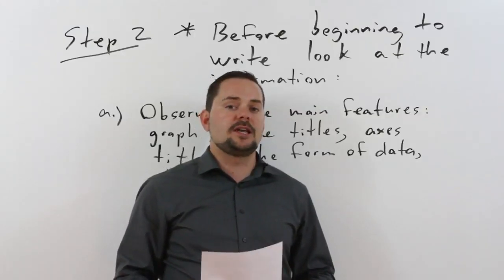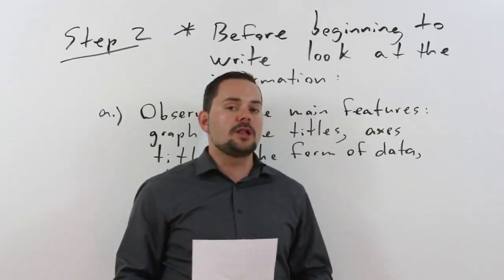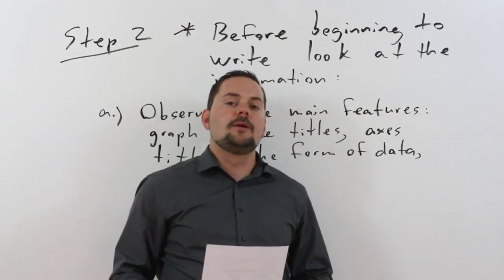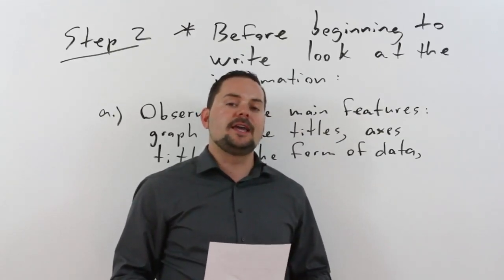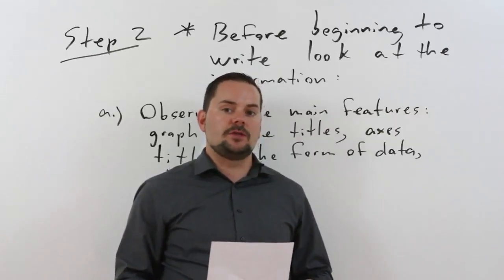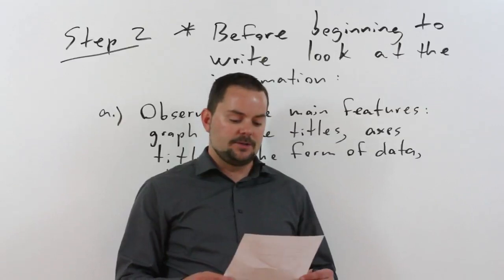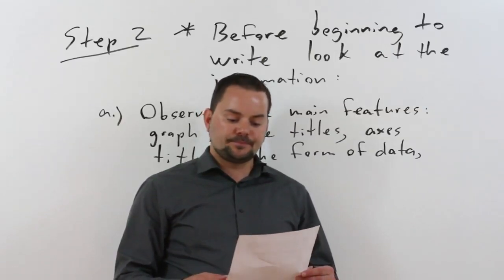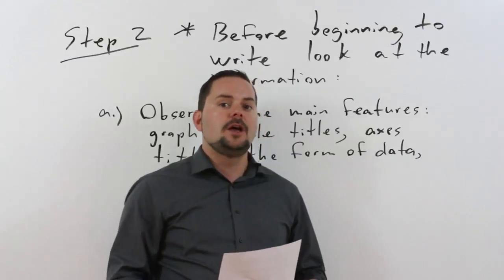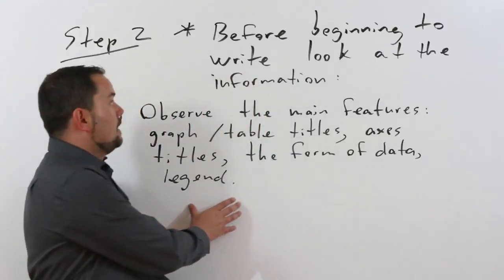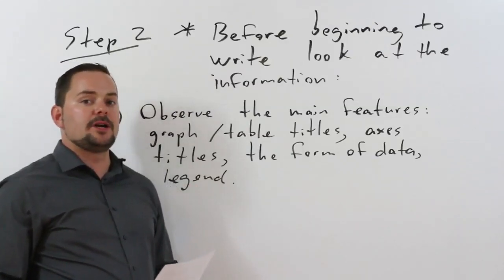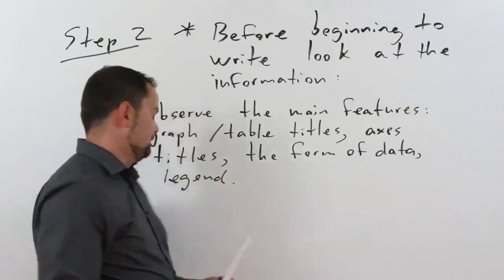And again, during the exam, you need to do this quite quickly and be quite clear about this information before indicating your points of comparison for the analysis or the main part of your response. All right, so that's good for the description. Now, before we begin to write, we still need to do step 1B, which is indicate our main points of comparison. So let's do that next.